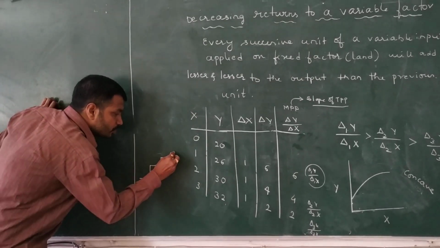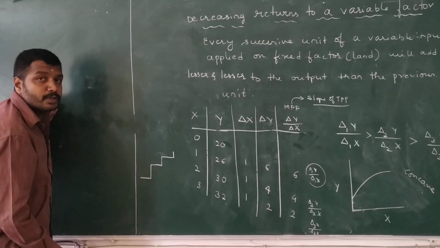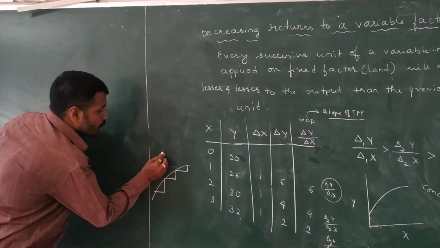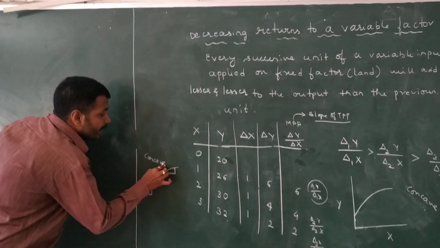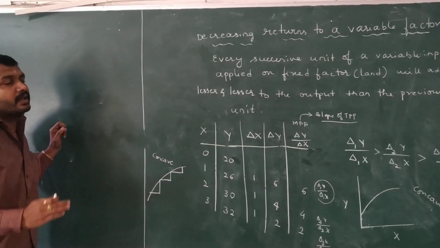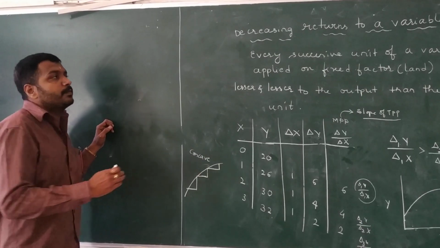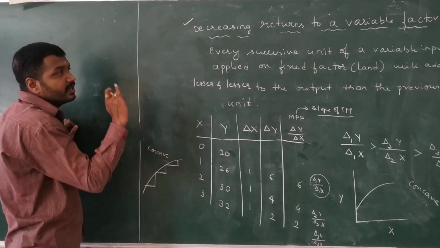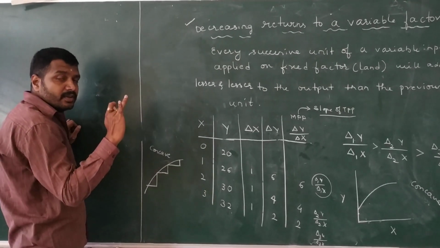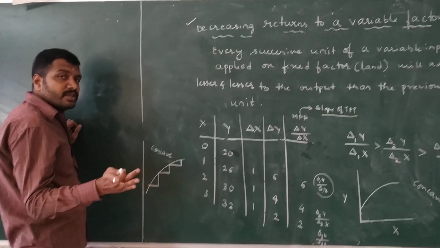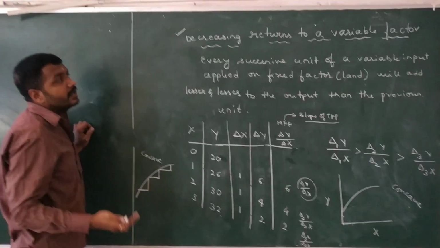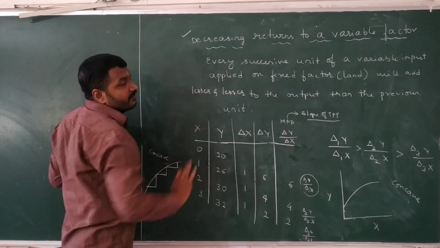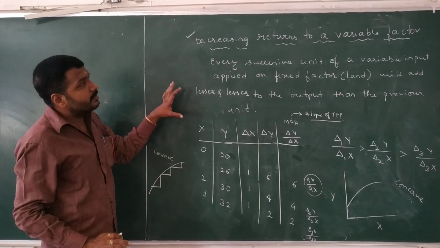Next, for the same horizontal move, we have a reduced response from y, so the shape is concave. Okay, this is a typical response we observe in case of agriculture. Among the three, increasing returns to variable factor, decreasing returns to variable factor, and constant returns to variable factor, the most commonly observed type of returns to variable factor in agriculture is decreasing returns to variable factor.